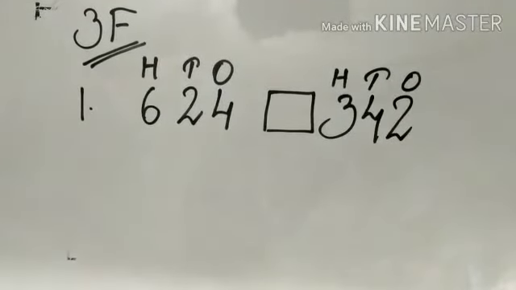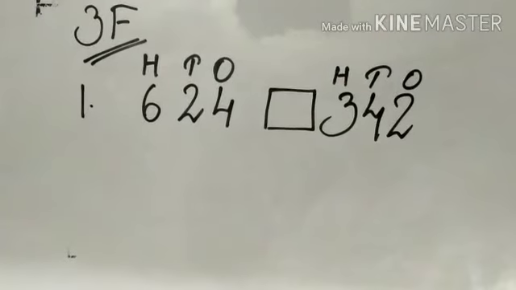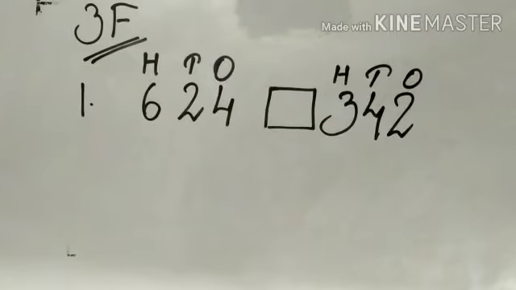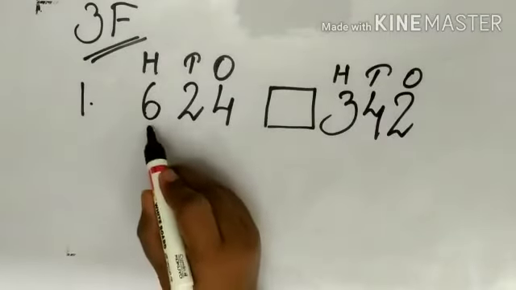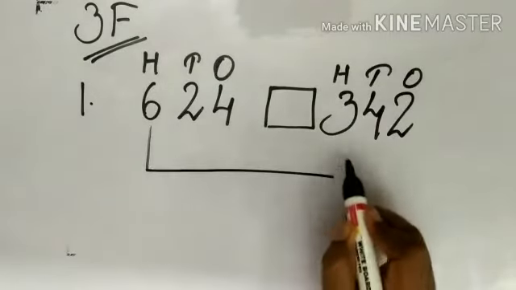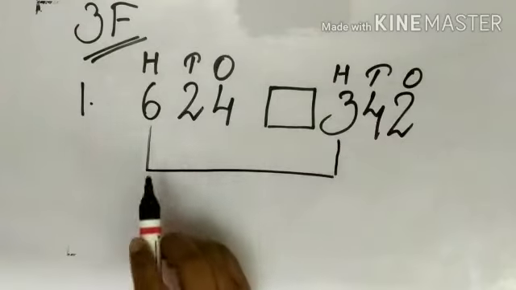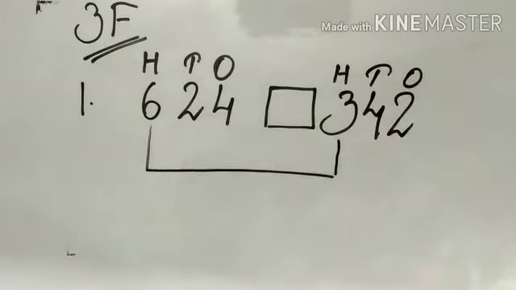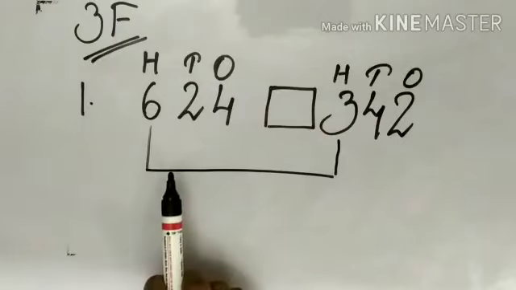Now let's solve the first question of the 3F exercise. How to solve the problem? The very first step is to compare the hundreds position, right? So we are comparing the hundreds position of the first and the second number. What is the hundreds position of the first number?